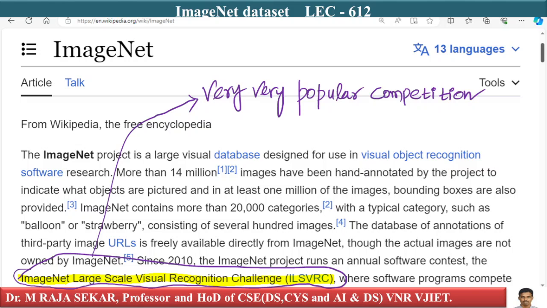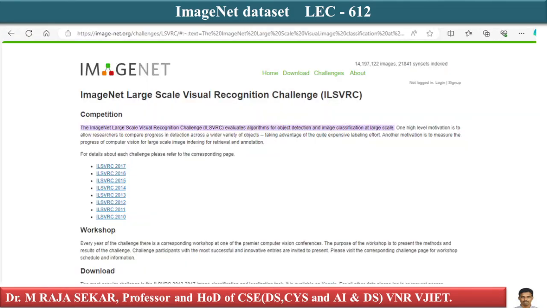In this competition, you are given a large dataset. Instead of 20,000 categories, we are given 1,000 object categories. That problem is known as the 1,000 class classification problem.